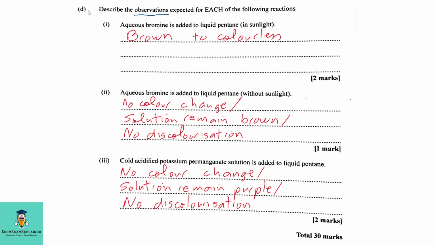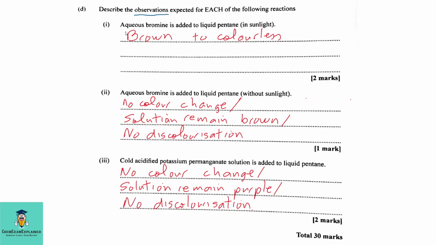Part D. Describe the observations expected for each of the following reactions. D, part 1. Aqueous bromine is added to liquid pentane in sunlight. The 'in sunlight' is very important because if you are reacting a halogen with an alkane in the presence of sunlight, then that is our free radical substitution mechanism.